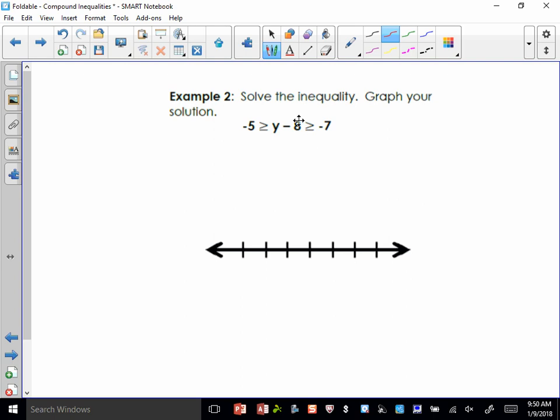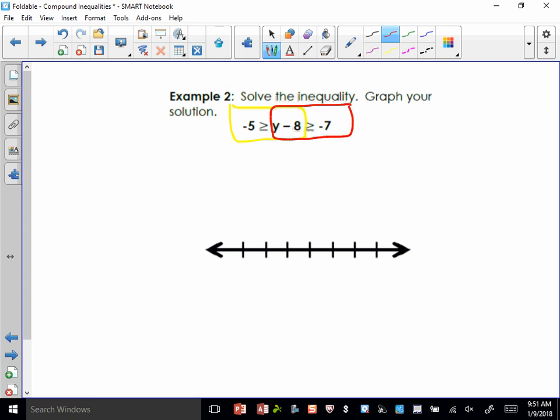So you're really solving two inequalities at one time. If we were to do this individually, this would be one inequality here, like one problem. And then this part, using the middle as the common part, would be your second inequality.